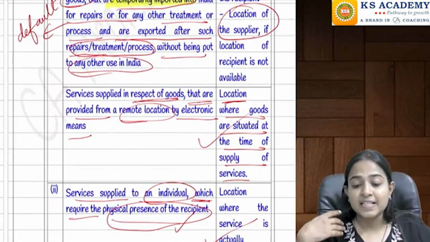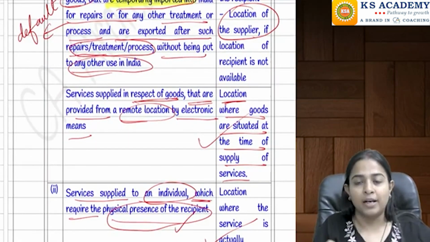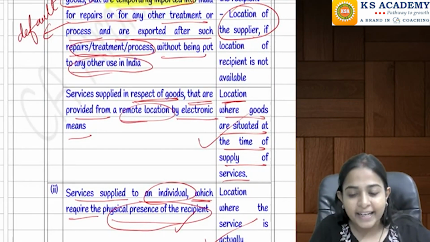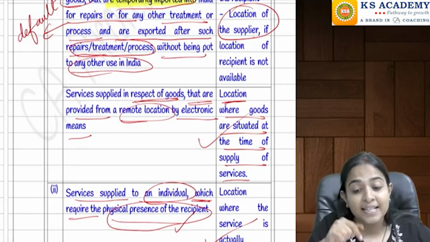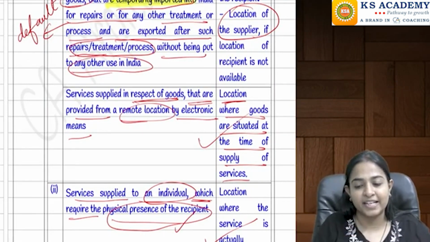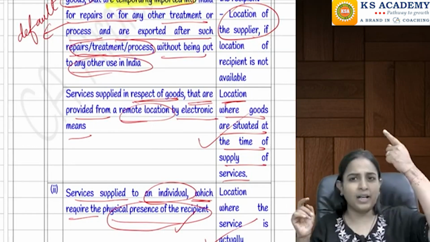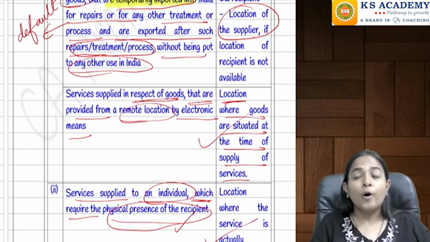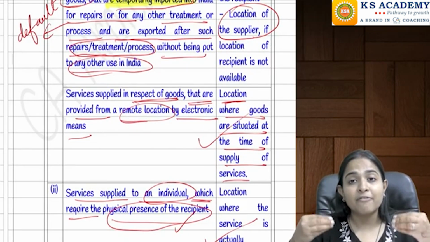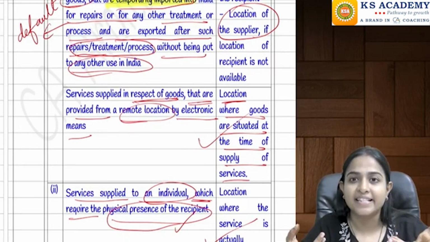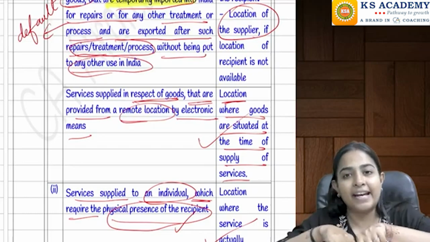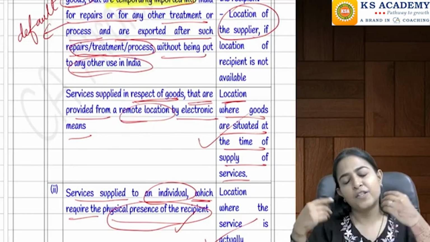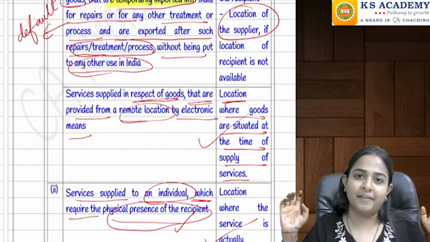Then if the services are being provided to an individual which requires physical presence of the recipient, then the place of supply is the location where the service has been actually performed. Now listen, if suppose the service have been provided in multiple countries, including India, including a taxable territory, then the place of supply has to be the taxable territory.